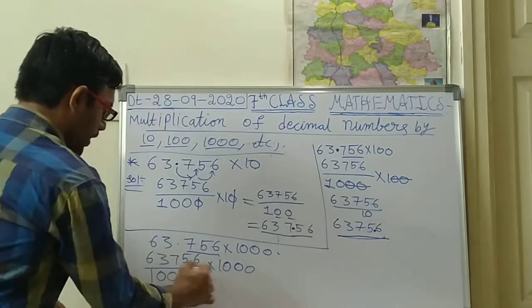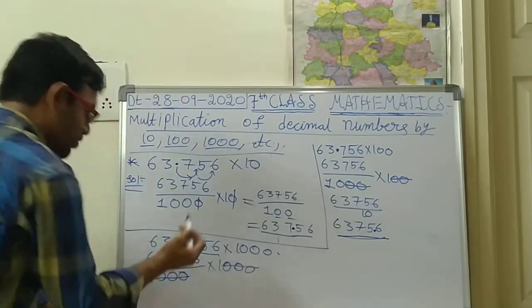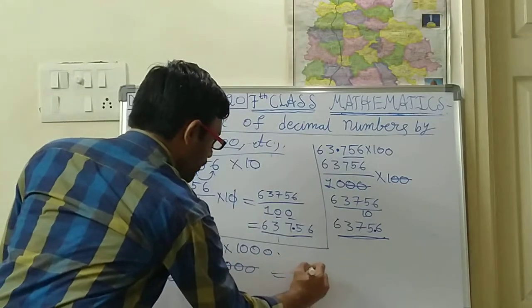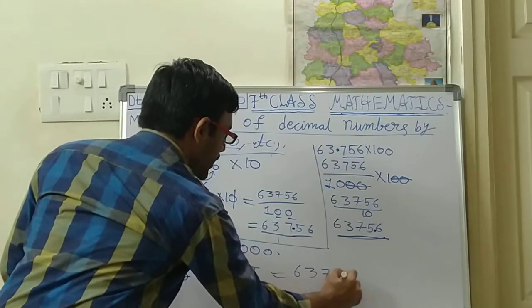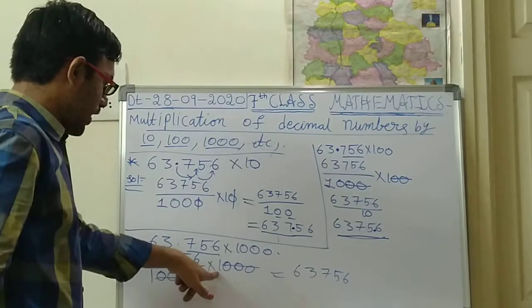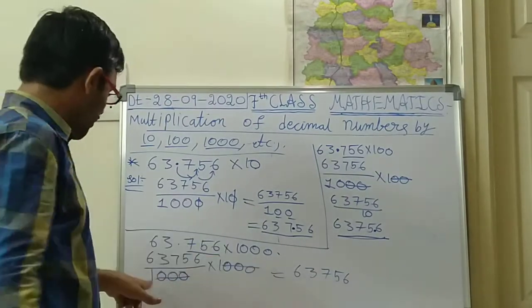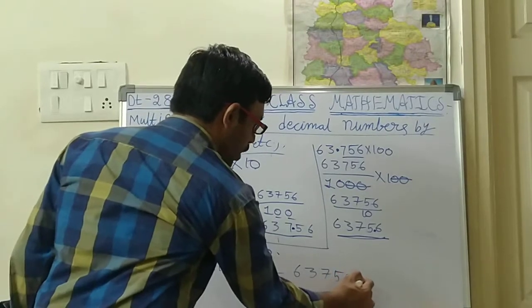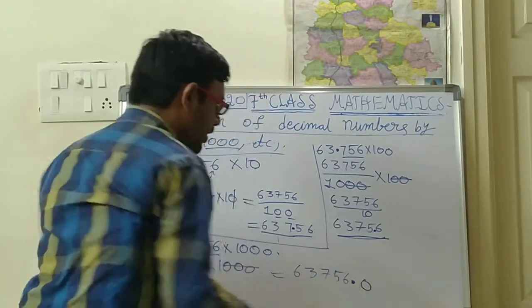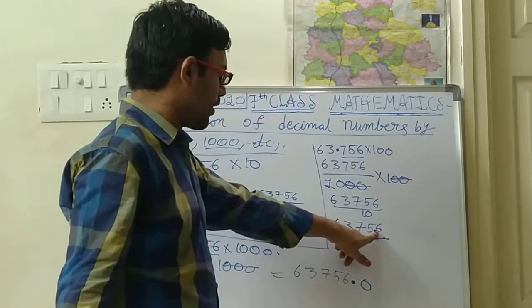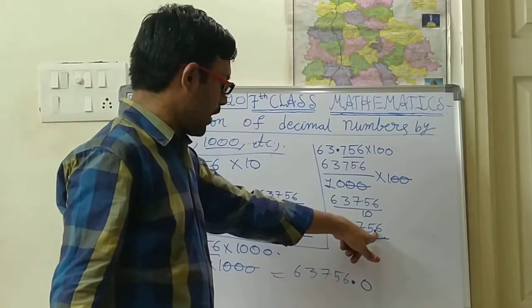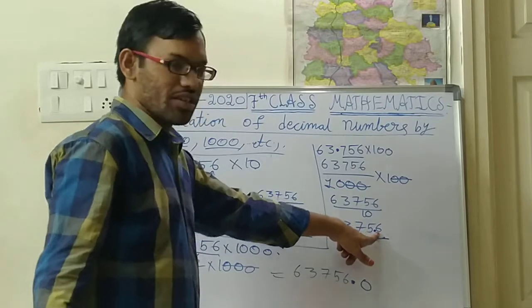So here 3 zeros, here 3 zeros will get cancelled. So what is the answer? 63756 by 1. Into 1 same number, by 1 same number. 63756.0.